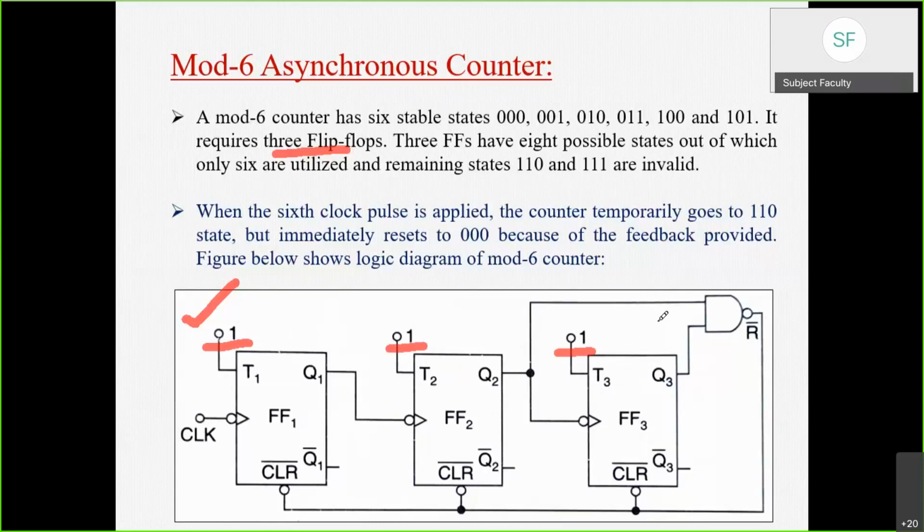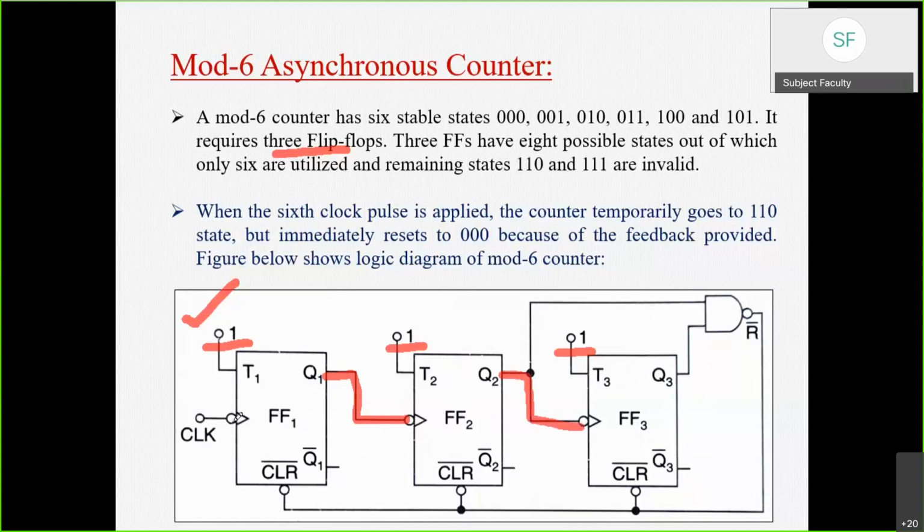From the connections you can observe whether it is an up counter or a down counter. Here the output of the first flip-flop is connected as the clock of the second flip-flop, so an up counter has been used.